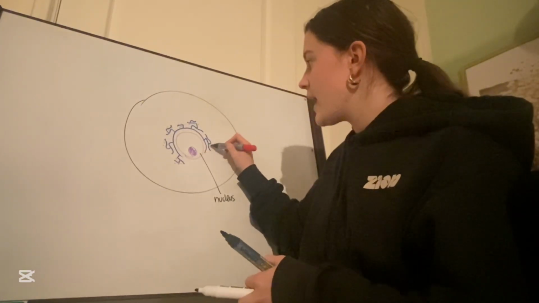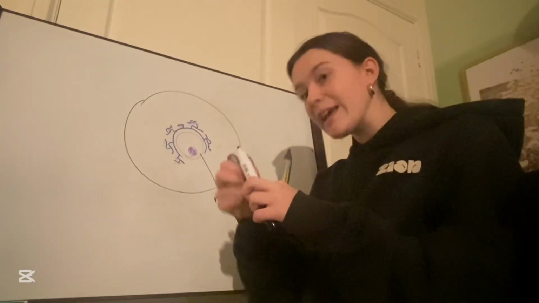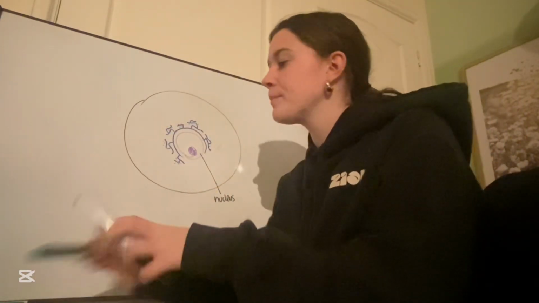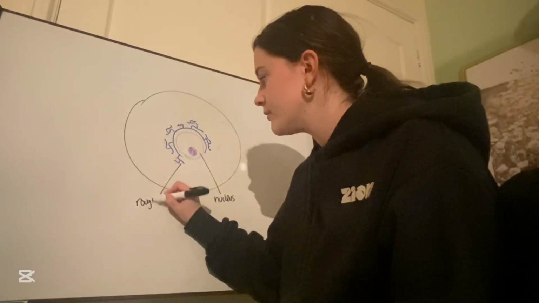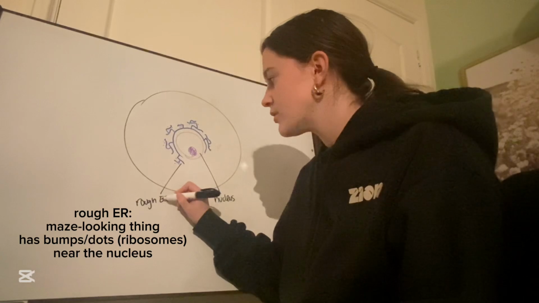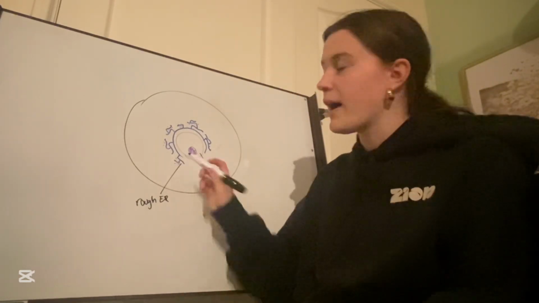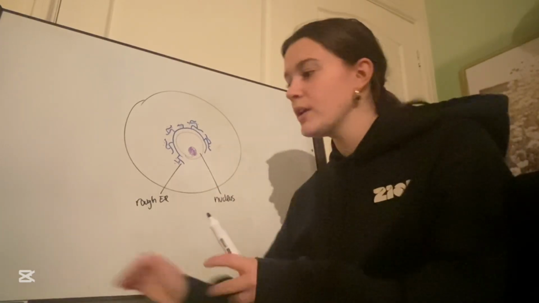This is the rough endoplasmic reticulum, or the rough ER. It's identified by, firstly, looking a little squiggly and weird, but mainly by the proteins, or the little dots, attached to it.